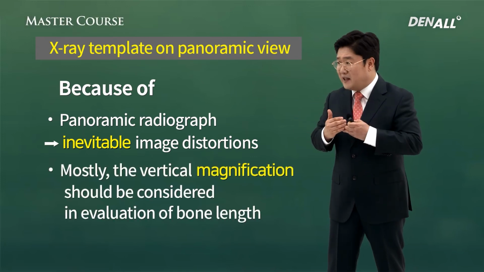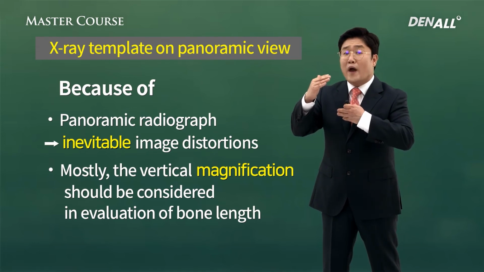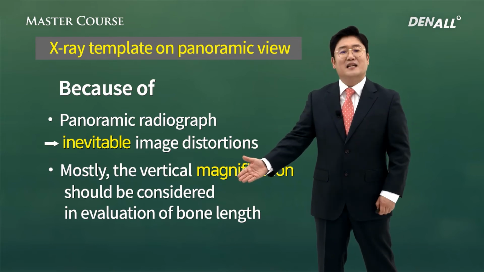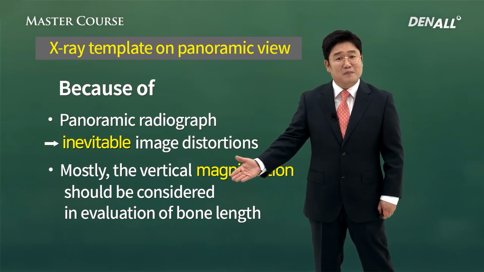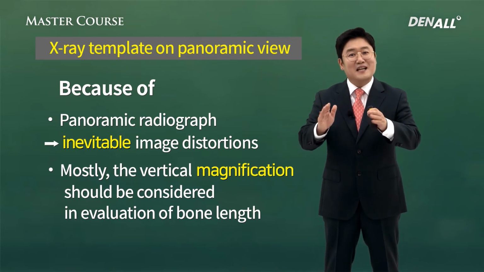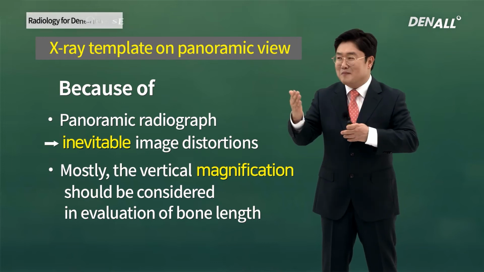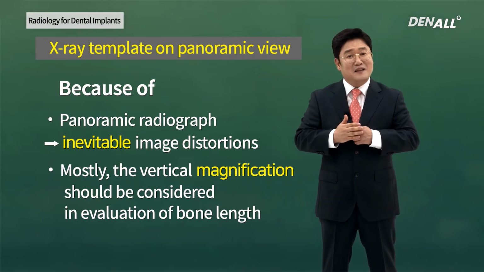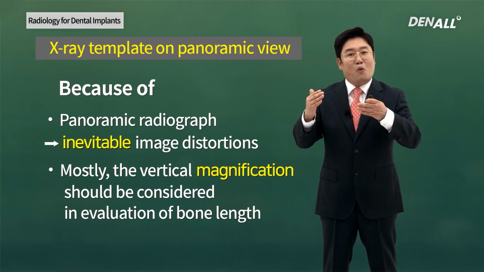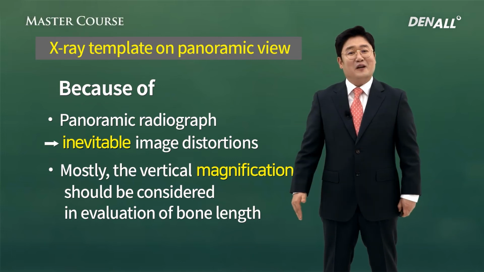If you compare horizontal and vertical changes, there are vertical distortions. Among the distortions, magnification rather than shrinkage is the problem. In most panorama equipment, 25% magnification is observed. So, on the X-ray template you saw before, 25% magnified implant fixtures were included.